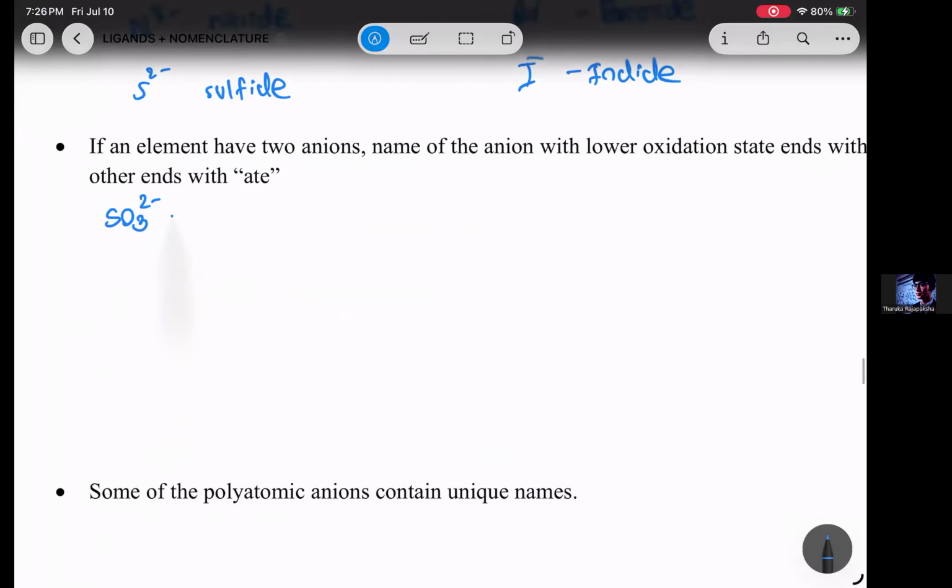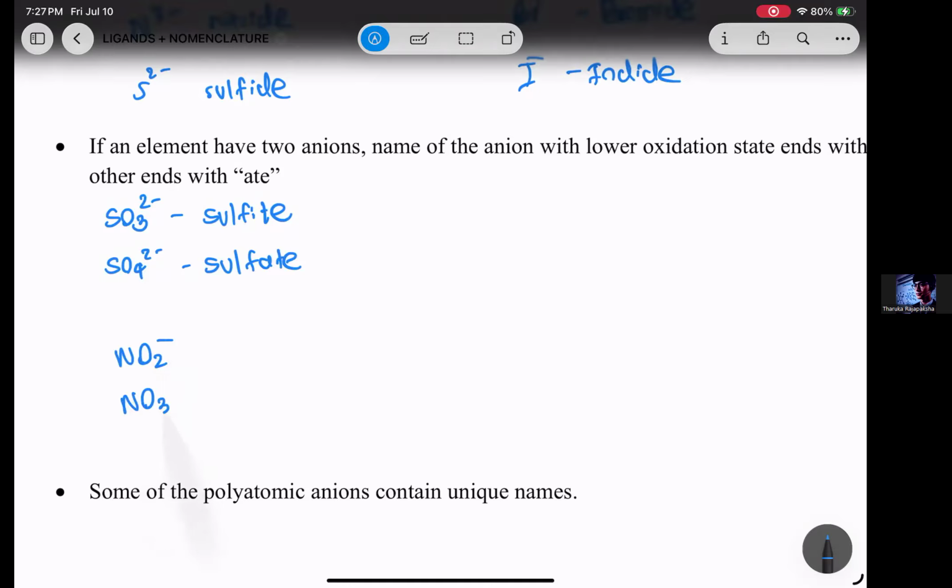SO3 2 minus is sulfite, SO4 2 minus is sulfate. NO2 minus is nitrite, NO3 minus is nitrate.